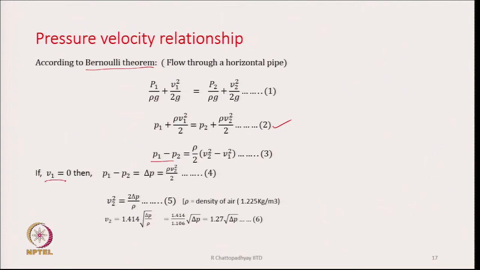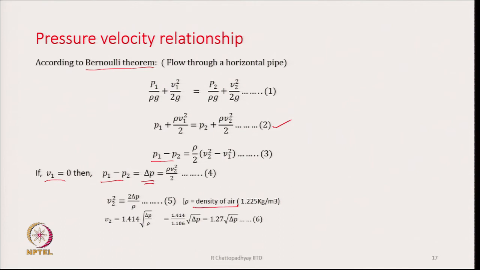Now, if V1 is 0 at the entry point, the velocity is 0, and P1 minus P2 we write as delta P, the pressure difference. So, that becomes rho V2 square by 2, and from here, therefore, V2 square is equal to 2 delta P by rho, where rho is the density of air. Typical density of air is 1.225 kg per meter cube, and hence V2 is 1.414 root over delta P by rho.